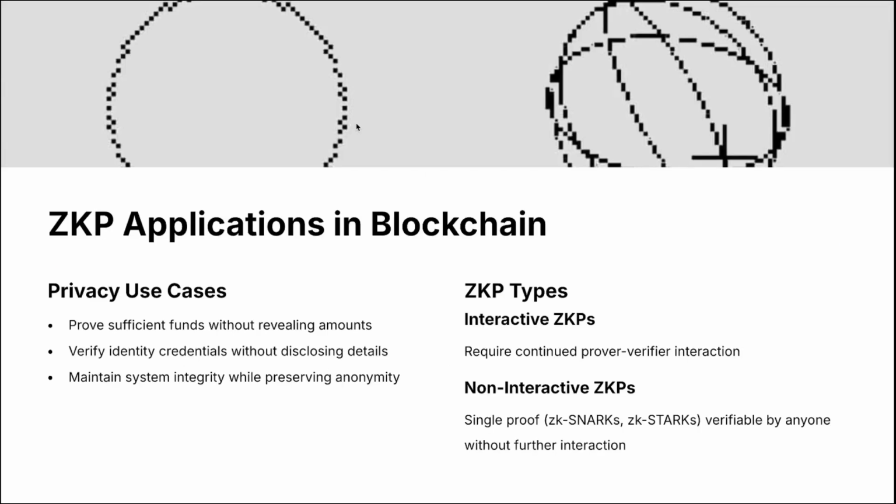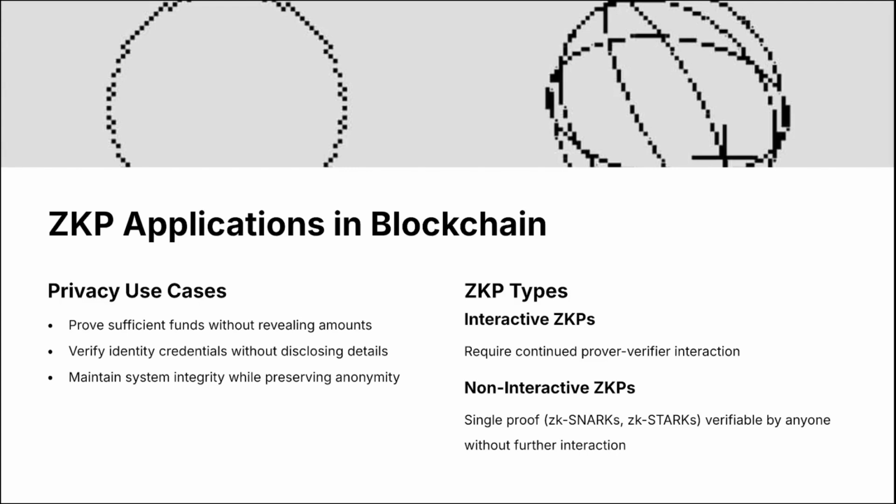So now let's talk about the applications of those. It's actually unlocking a new layer of privacy and confidentiality in blockchain systems, especially in use cases where data must be verified without being exposed. Under privacy use cases, ZKP allows users to prove they have sufficient funds without revealing their actual balance.